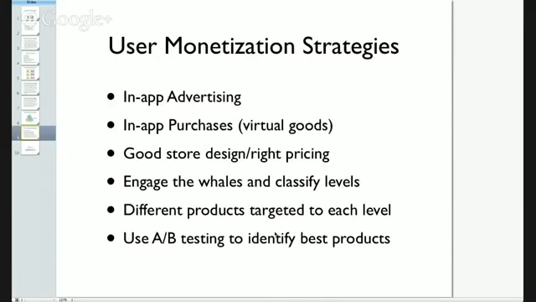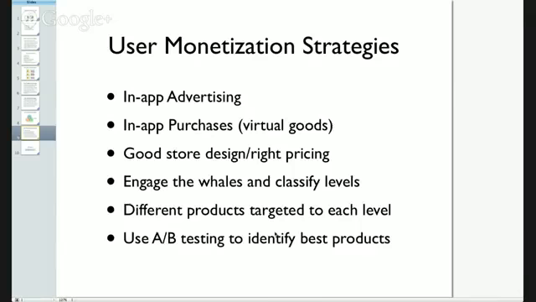So you don't want to be playing a game and all of a sudden there's a pop-up that covers the whole screen. That's irritating. Or they have to watch a video for 30 seconds, right? And it's really frustrating. So it's got to be done in such a way that, yes, you make money, but your user isn't all of a sudden presented with something that stops them from playing.